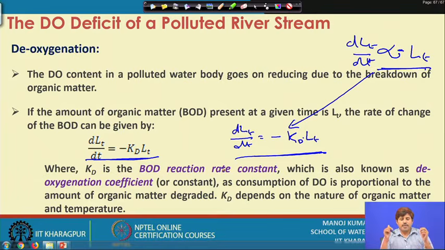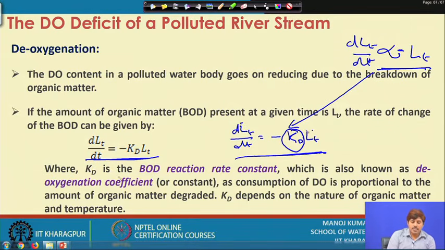So, the rate at which the BOD gets degraded is the same rate at which oxygen gets consumed, and that is the deoxygenation process we earlier discussed, and this rate is called the deoxygenation coefficient or deoxygenation constant also.